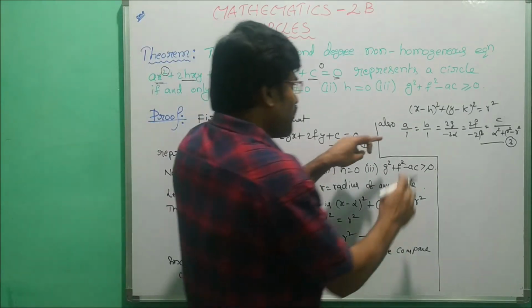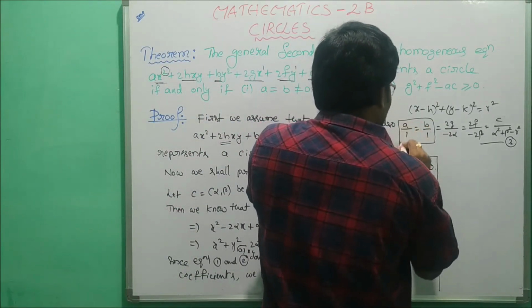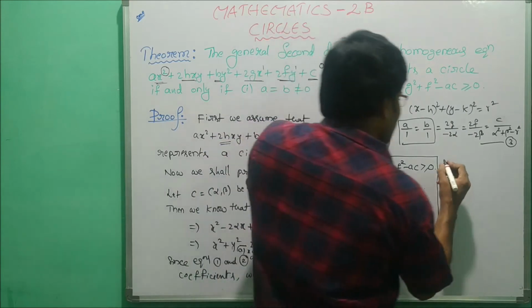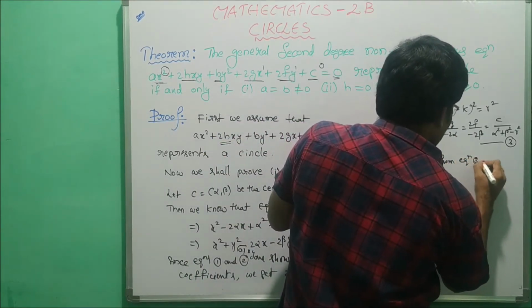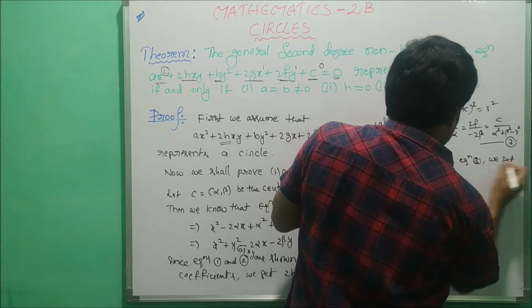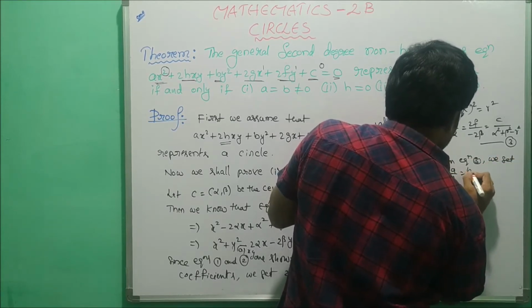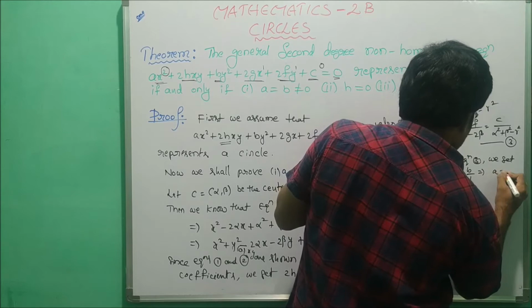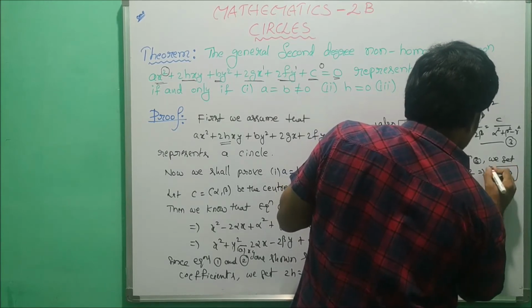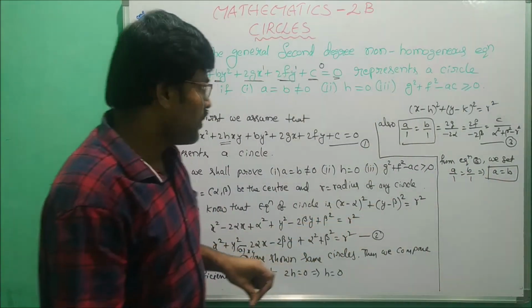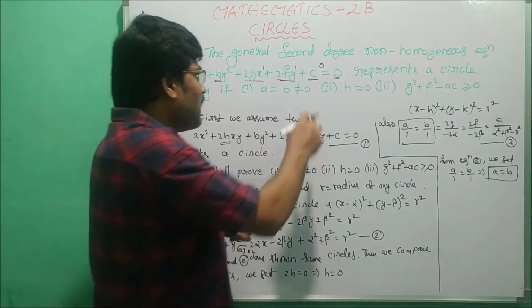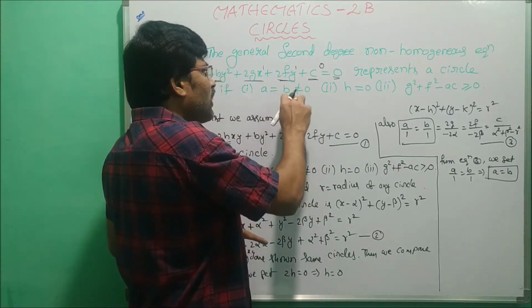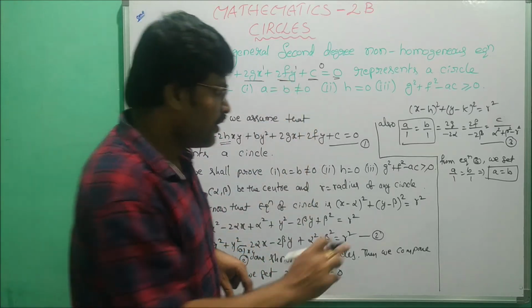Here we compare these two parts from equation 3. We get a by 1 equals b by 1, which implies a equals b. In the first one, a equals b is already proved. Here we observe these values are always not equal to 0.